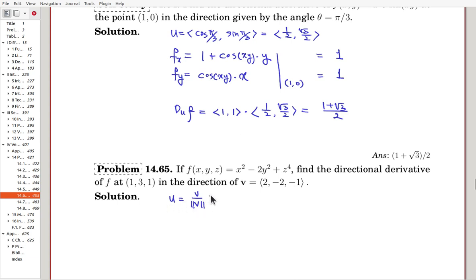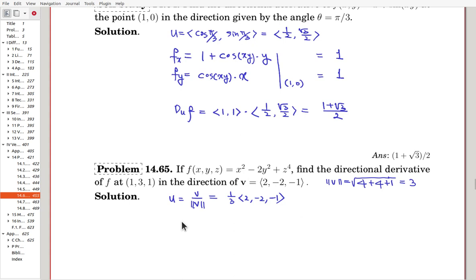The length of v is the square root of the first component squared, second component squared, and third component squared, so that is the square root of 9, which is 3. So the unit vector in the direction of v is 1/3 times (2, -2, -1).